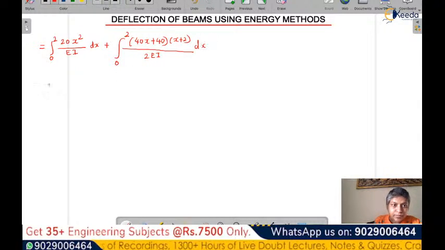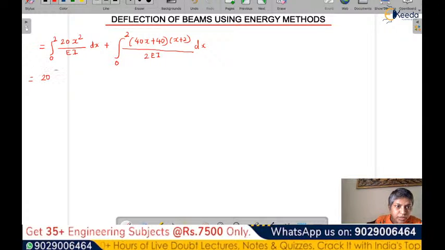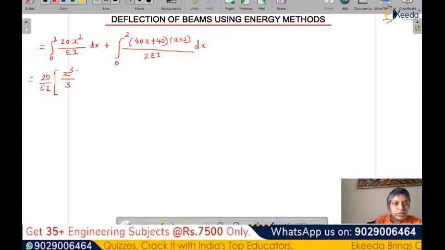into dx. Then do the integration part, so it will become 20 into x cube by 3. Here EI we will take out, limits 0 to 2, plus, let's take out this 2EI part outside.